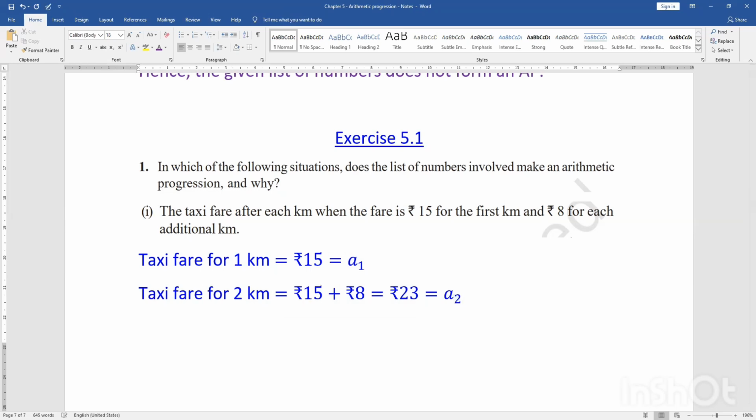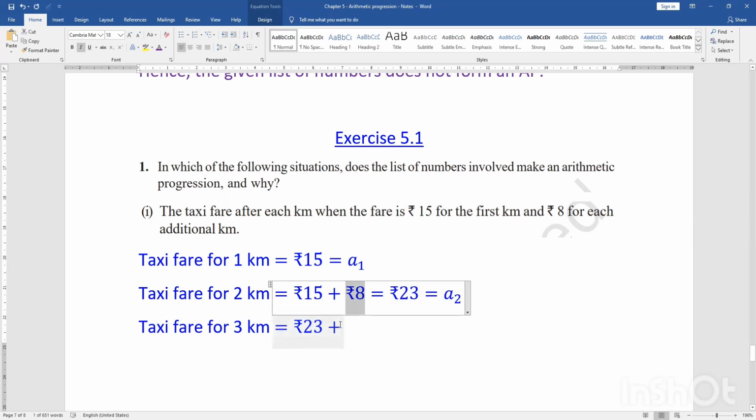Similarly, we have the taxi fare for 3 kilometers. For 3 kilometers, it will be how much? This time you need to add rupees 23, that is A2, and for that you add the constant value, rupees 8, which will give you rupees 31.